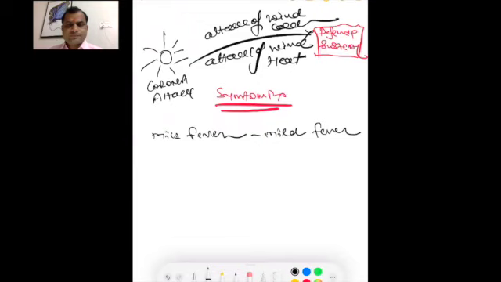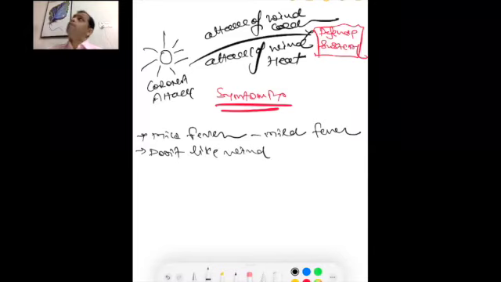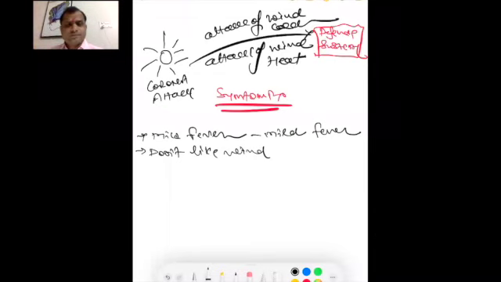Second, this person doesn't like wind. So if you put on the fan, the person wants to go away. This person does not like cold. So even if you put on the air conditioner, this person will go away.